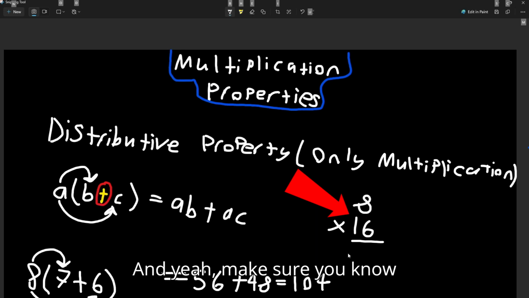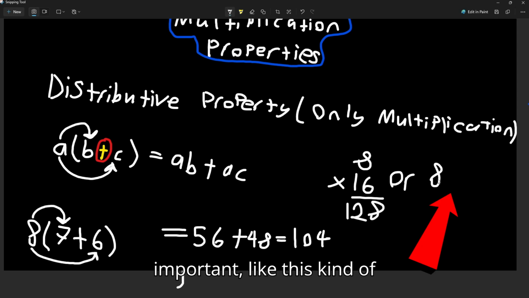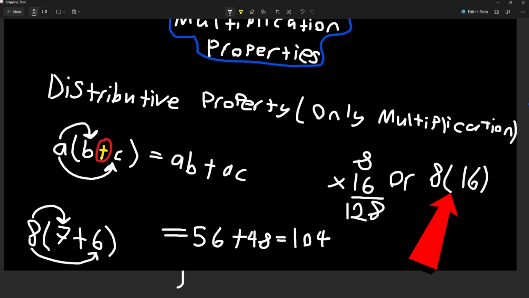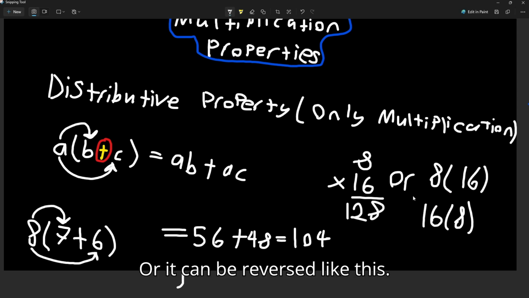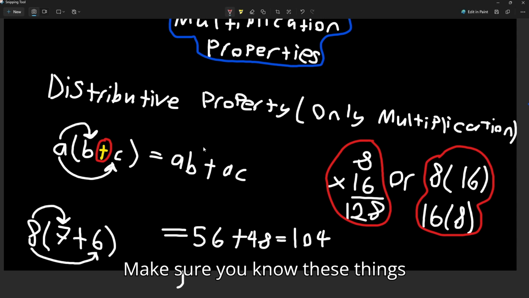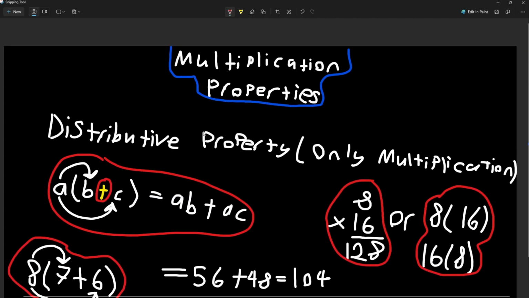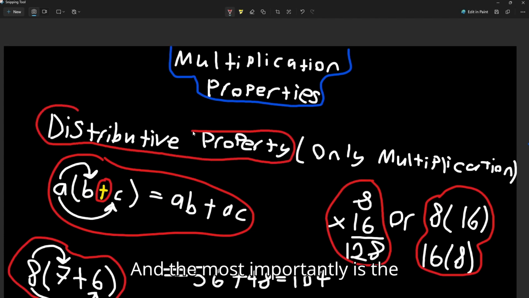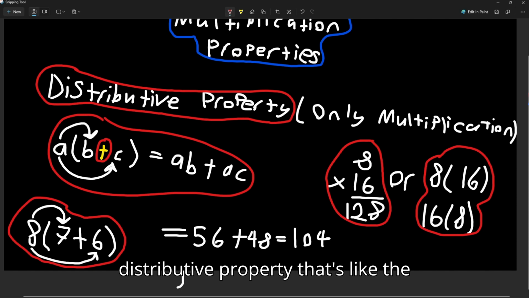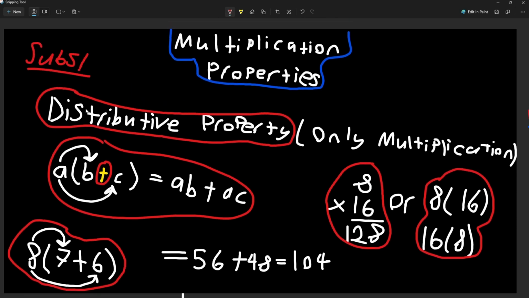And make sure you know multiplication tables, because they're so important, like this kind of multiplication table. Or it can be reversed like this. Make sure you know these things highlighted in red, covered in red circles. And most importantly, is the distributive property. That's like the universe taking care of its little stars and planets around it.